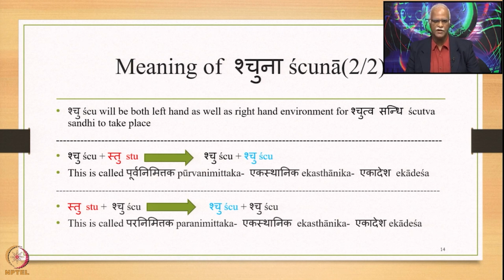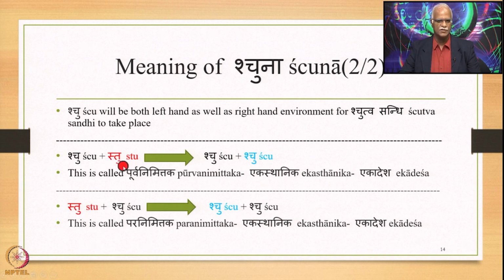So we have shchu plus stu, for example. In this case, shchu is purva and stu is para. Shchu is the nimitta, stu is the sthani or the karyi, and in this case stoshchunashchuhu applies.